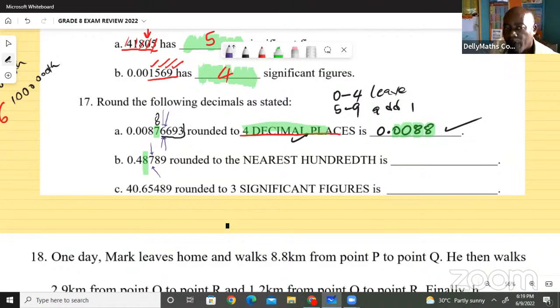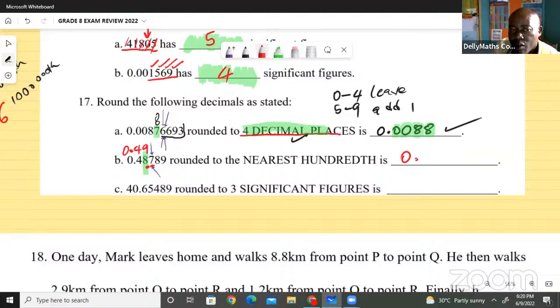So when you're rounding off, if the number to the right is in the 5 to 9 category, we add 1 to the spot. And you can see that the number to the right is in the 5 to 9 category, which means we have to add 1 to that spot and change it from 0.48 to 0.49.